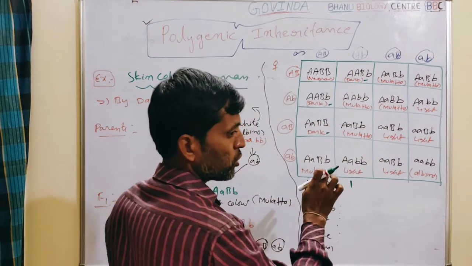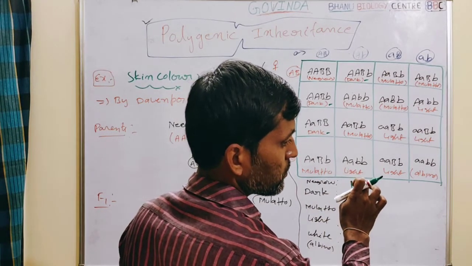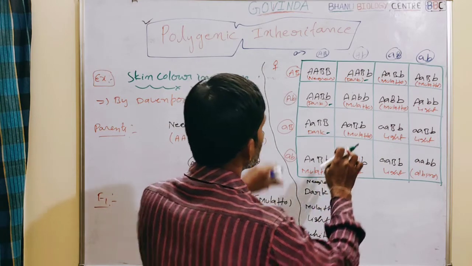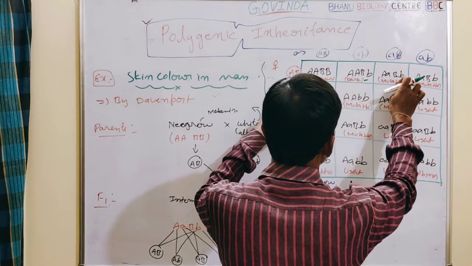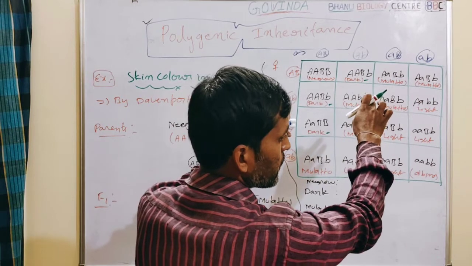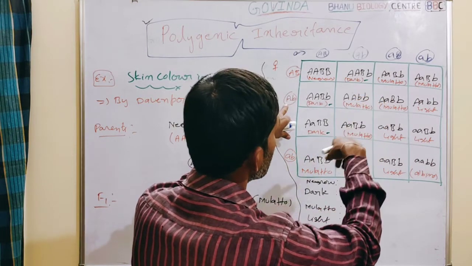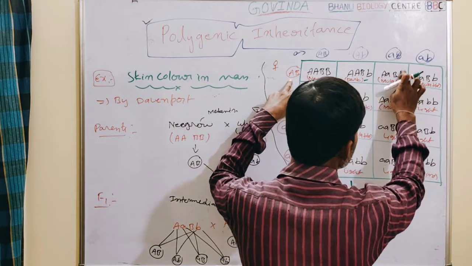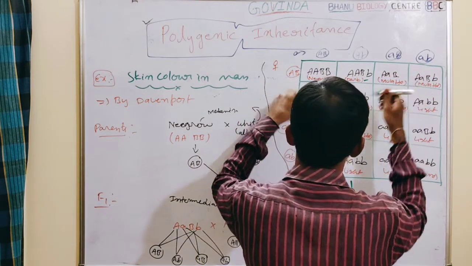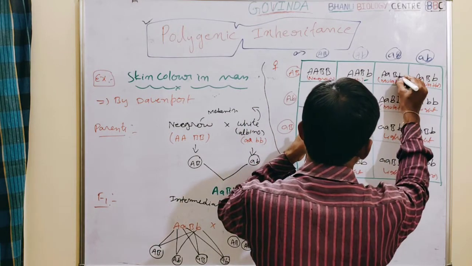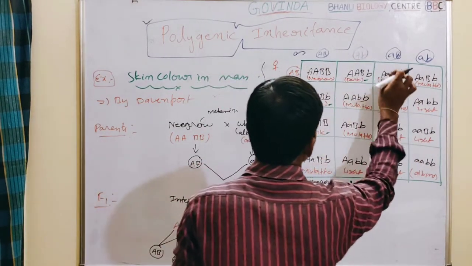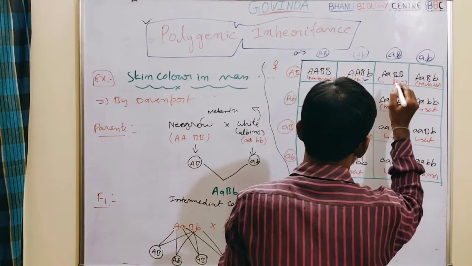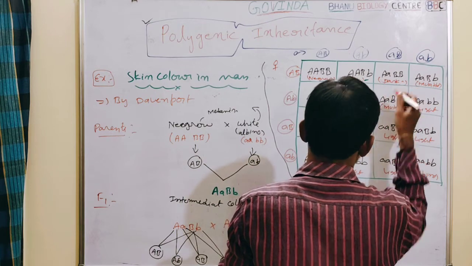One more dark needs to be obtained. Where was it missed? This one, AABB, capital B, capital B, AA, this one, right? So here we made a mistake. Capital B, capital A, small a, capital B becomes dark. So now here is one.